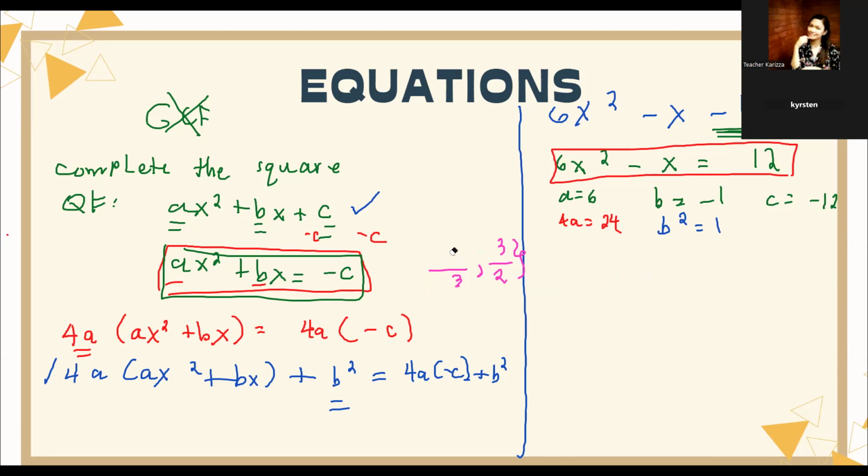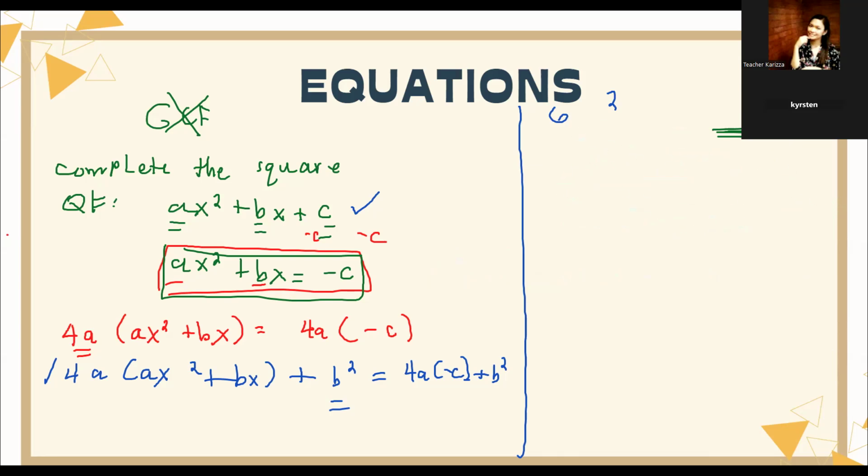Step 1 is to rewrite your equation into the quadratic form, which is ax squared plus bx plus c. Step 2 is multiply it by 4a. And then step 3 is add b squared. Right? So let's try another equation.